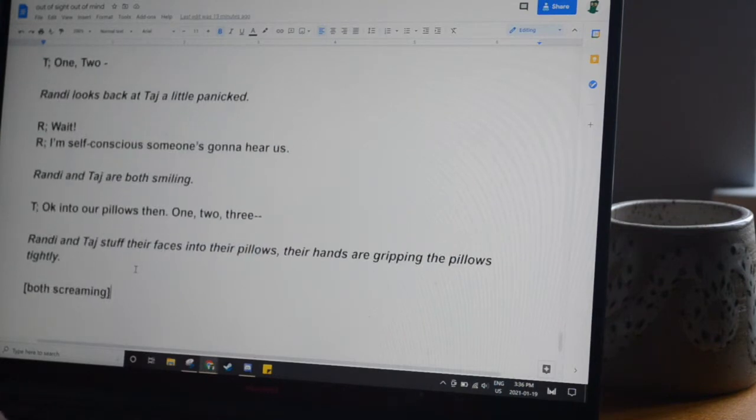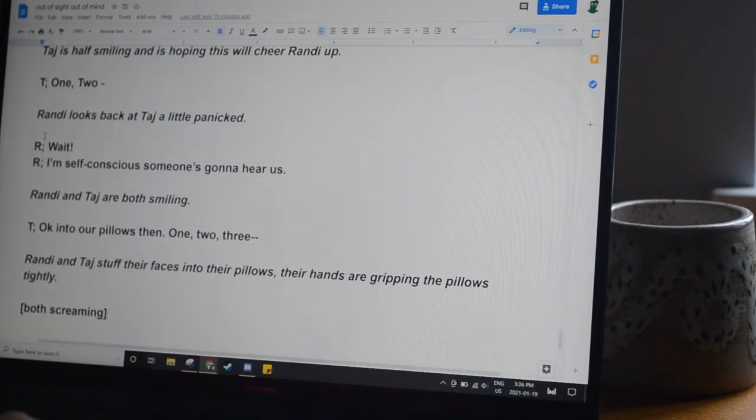And you'll notice too that for some of the dialogue, even though it's the same person talking, I've still written in R, wait, and then R again. I'm self-conscious someone's going to hear us.